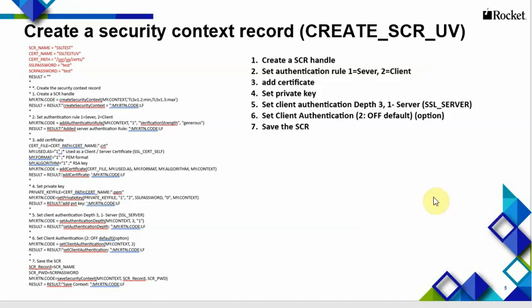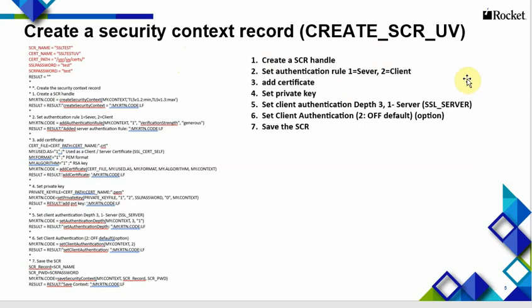We already created a self-signed certificate in the usr UV cert folder, CRTS folder, and the SCRNAME is SSL test for my demo. You can use any SCRNAME you want. For the CRT certificate name for Universe, I call it SSL test UV. For UniData, I will call it SSL test UD, so it can differentiate the different self-signed certificates in my demo.